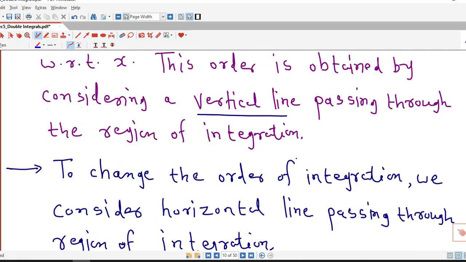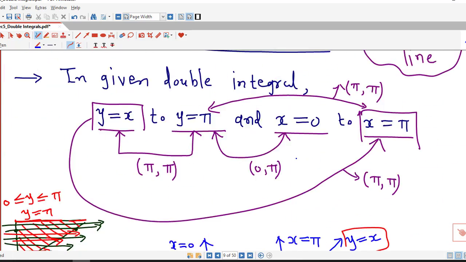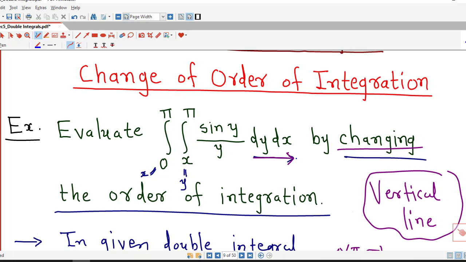So sometimes a change of order of integration is required to find the value of the given double integral. If the given double integral is not easy to integrate in the given order, then we can change the order of integration, and we might be able to integrate with respect to the changed order easily.